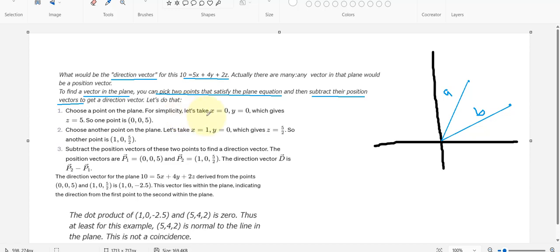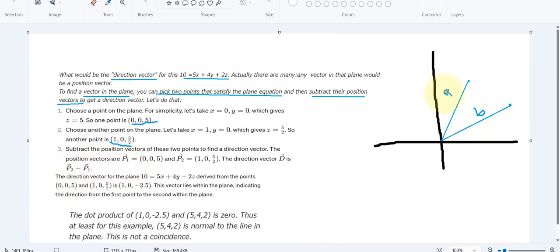So we can do that. We can take x equals 0 and y equals 0 and find out what z equals. So we get 0, 0, 5 is 1 point, and then we can take x equals 1 and y equals 0 and solve for z, and we get z equals 5 halves. So another point is here. So we have 2 points in the plane, here and here. And then we can subtract their position vectors, P2 minus P1.